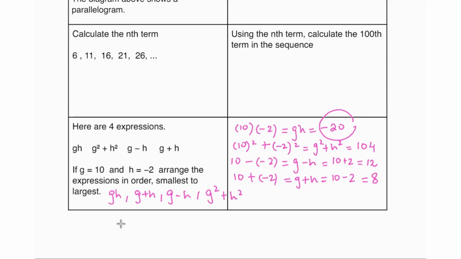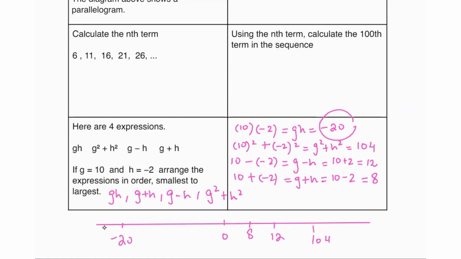If there's still any confusion, I'll show the numbers on a number line. So we have 0 over here. Negative numbers are on the left-hand side. Let's say -20 is over here. Positive numbers on the right-hand side. So we have 8, 12, and 104. On the left-hand side, your numbers are small, and on the right-hand side, your numbers are big.